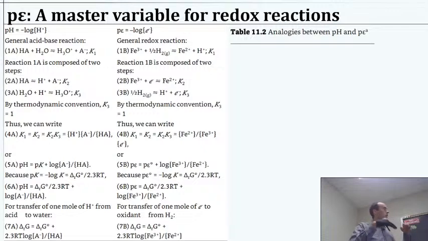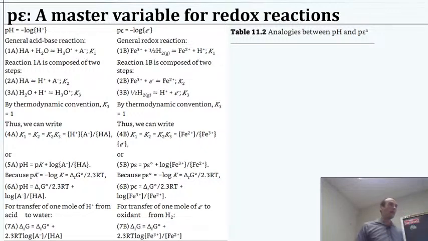Thermodynamic convention when we're dealing with hydrogen is 1 in both systems. Therefore, we can write some equation that relates our rate constants to get an equilibrium constant between what's happening. And we can write all of these as pH or PE systems.